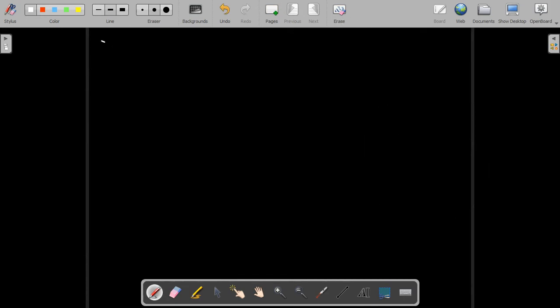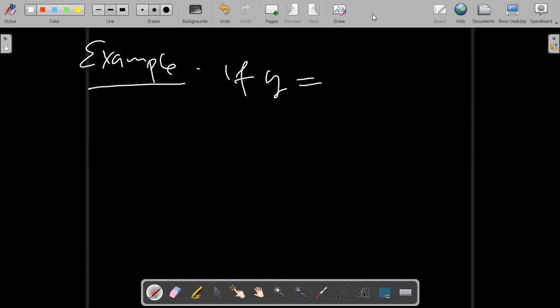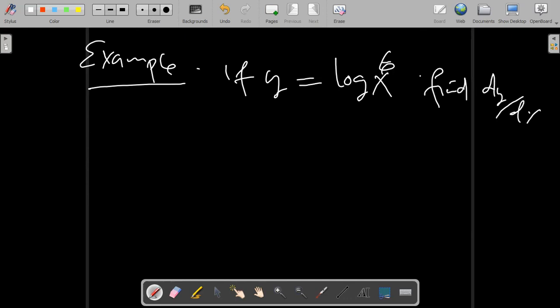So let's look at another example. If y is equal to log x raised to the power of 6, you're required to find dy over dx.